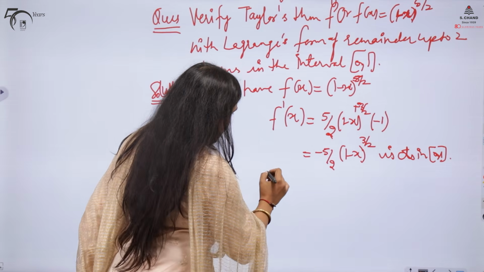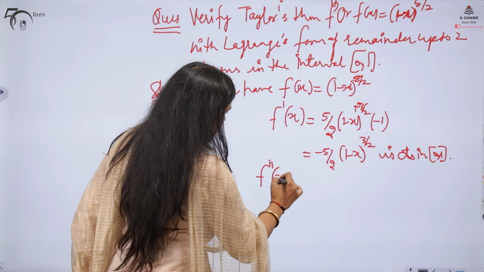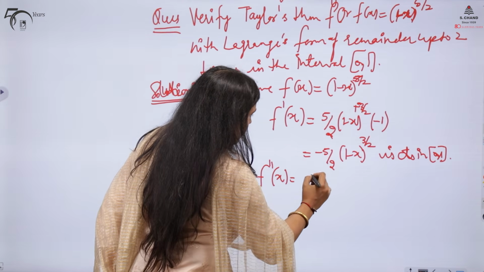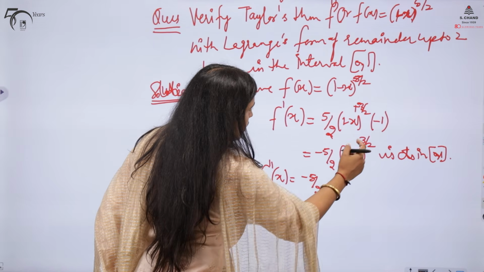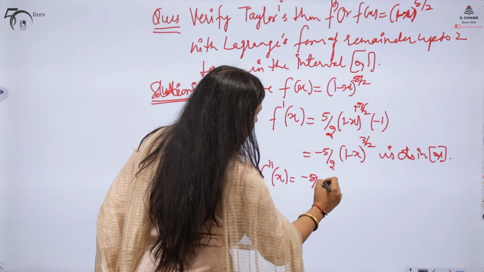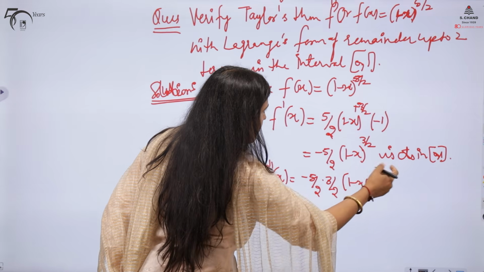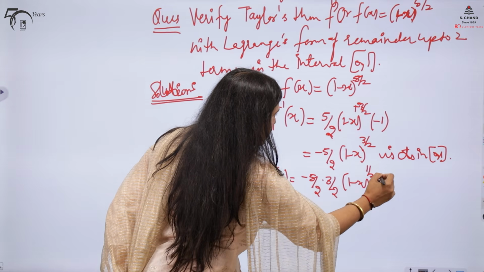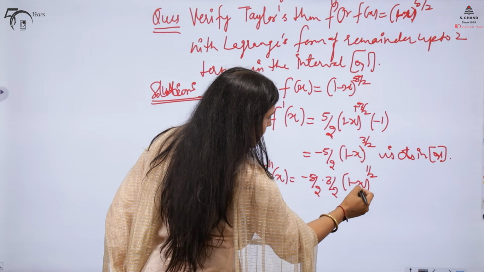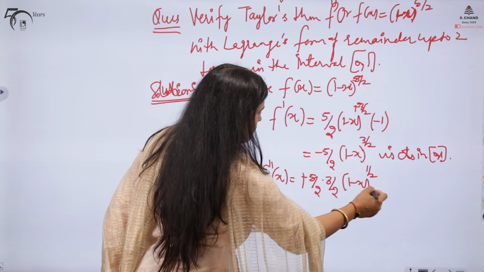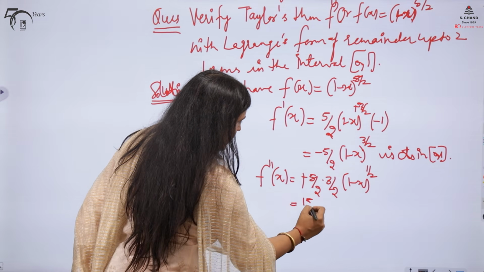Coming to the second derivative now. What will be the second derivative? Apply the same technique to take the derivative. So it is minus 5 by 2 and 3 by 2 in front, then again reduce 1 from the power, and the derivative of minus x is minus 1, so it will become plus. Just simplify it.